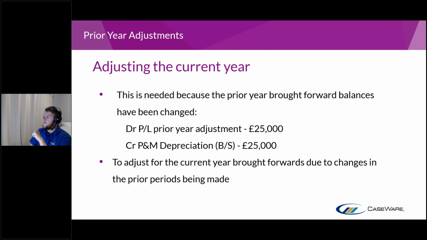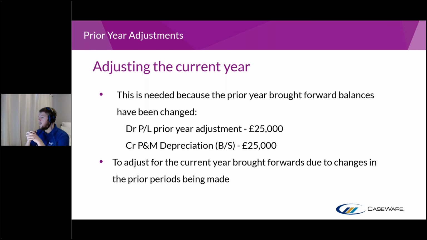Now the next step after that is adjusting the current year balances. So we've now had these effects that have taken place on the prior year data. The overall cumulative effect of that needs to be adjusted in the current year, because obviously that will affect the brought forward balances, and you'll get that warning in CaseWare, which I'll show you in a moment.